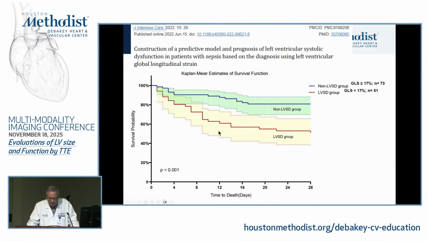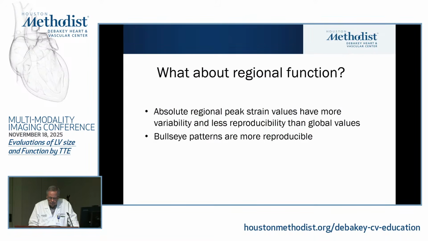And you can see that within a month's time, a very significant difference; in fact, the two curves start to separate close to 2 weeks. So very significant prognosticator for what may happen to patients that are acutely ill with sepsis.